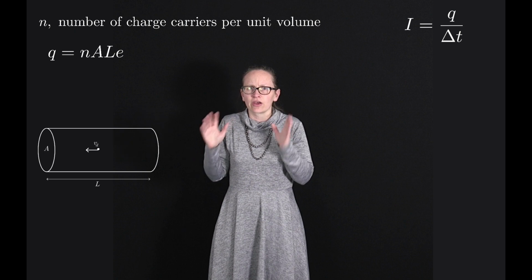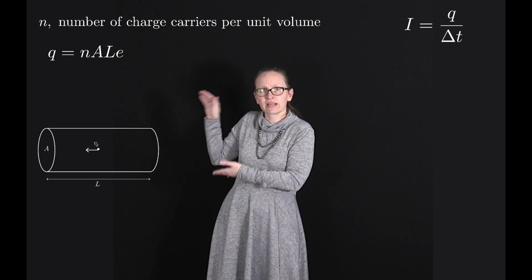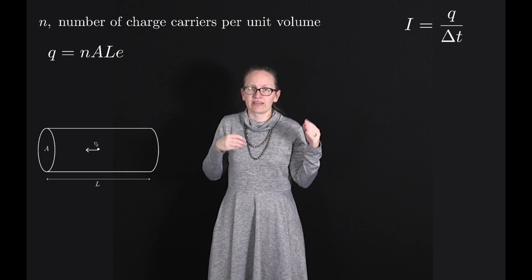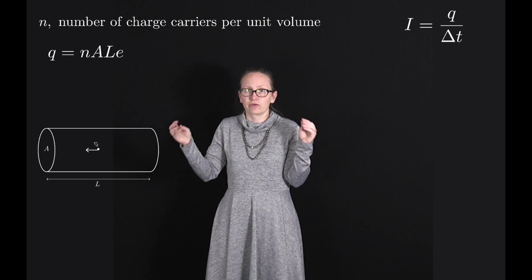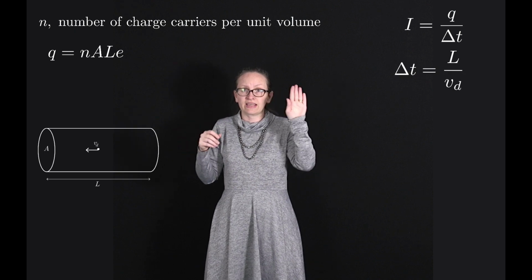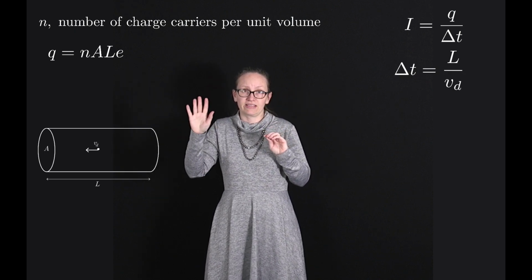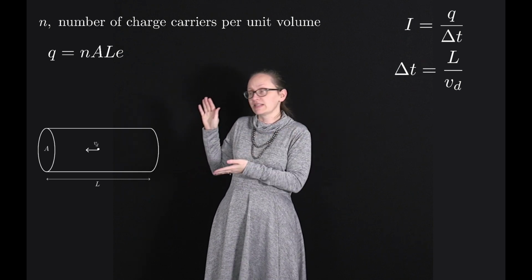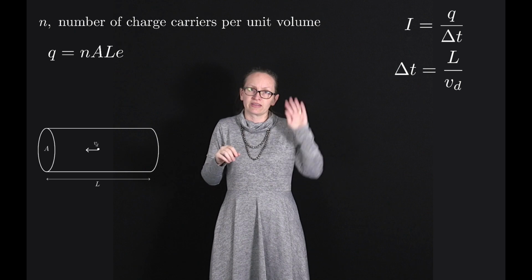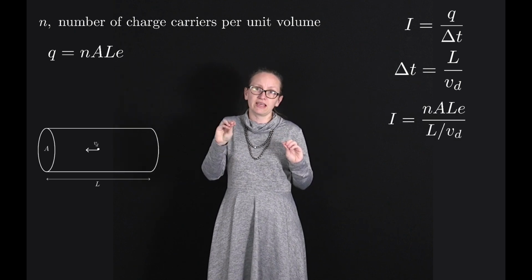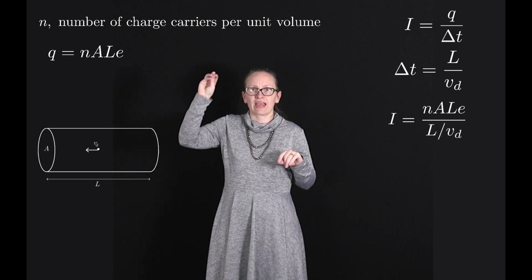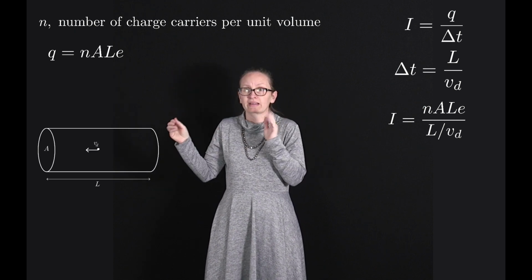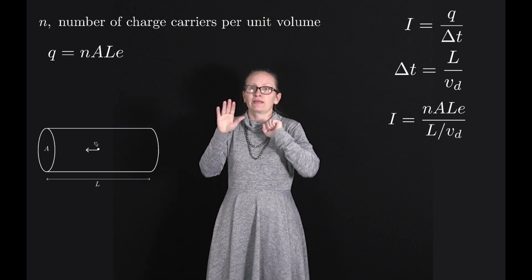Now, considering the electrons moving through our conductor here, they're moving with a drift speed Vd, and so we can calculate the length of time it takes them to move through this conductor, and that's given by t is equal to L divided by Vd. We can now use this to calculate the current inside our conductor, because we know that the current is equal to Q over t, and we've just shown that Q is equal to nALe, and that t is given by L divided by Vd.